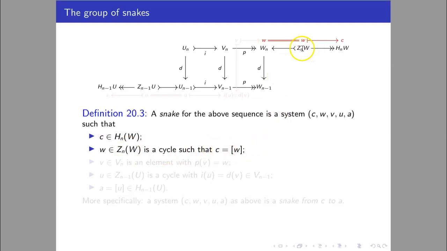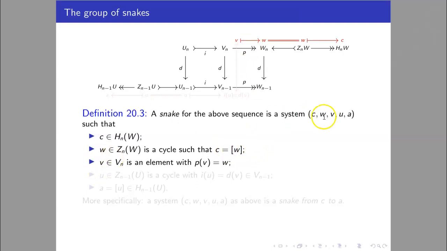Remember, Z_n(W) is the cycles in W_n, so that's a subgroup of W_n. So w is here, it's in Z_n(W), which is contained in W_n. And then H_n(W) is a quotient, Z_n(W) mod B_n(W). So we've got a surjective quotient map from Z_n(W) over to H_n(W). And so w represents C, so C can be written as square bracket w.